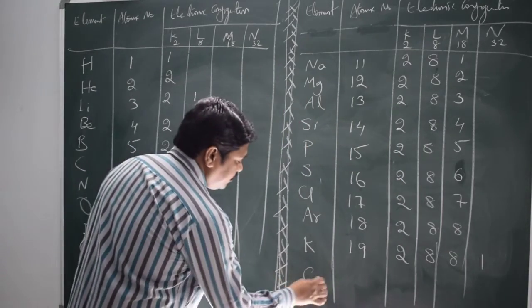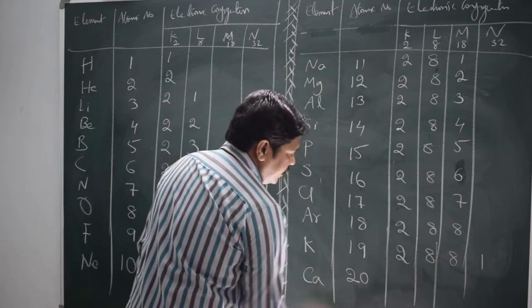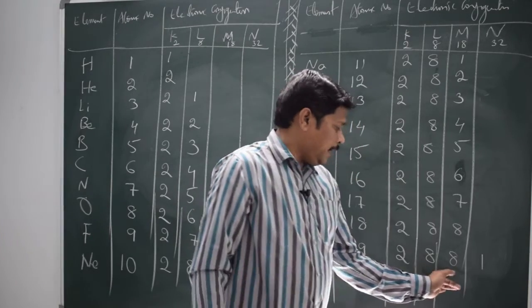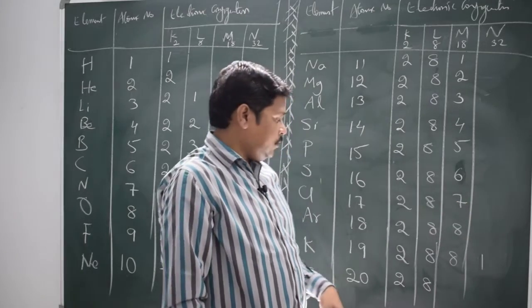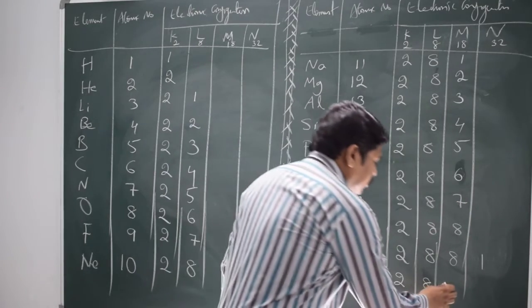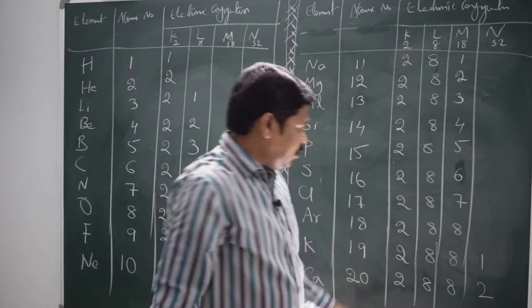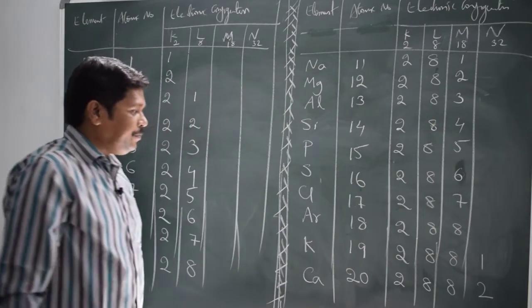What about calcium? Calcium atomic number is 20. Then we have 2, 8. Why can't I make it 9 here? Because anyhow the outermost shell already has 1 electron, so then also we are going to put it as 8. Then the 2 electrons are going to enter into the N shell.